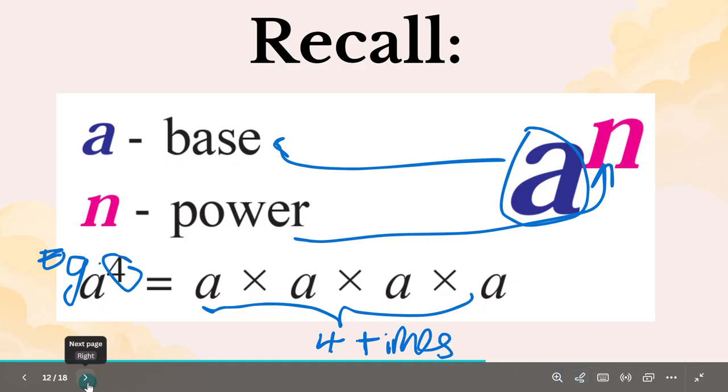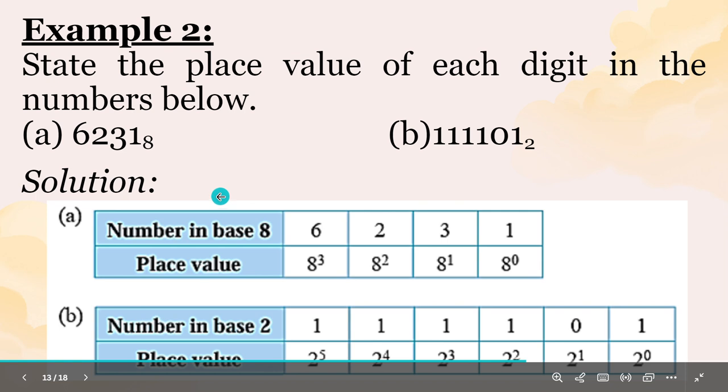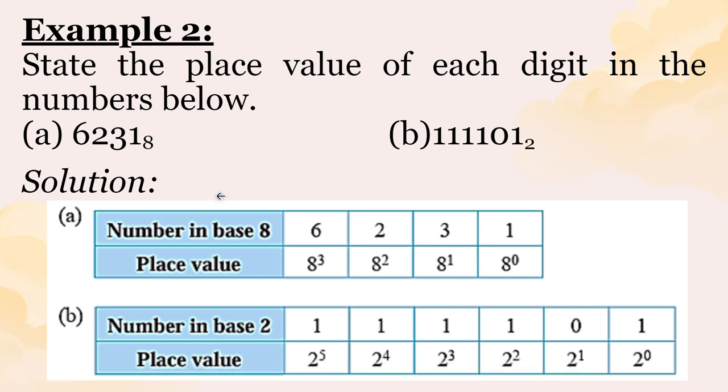Next, we will have the example. State the place value of each digit in the numbers below. We look at part A: 6231 in base 8, so the base is 8. For easier working, you can draw a table like this for numbers in base 8.